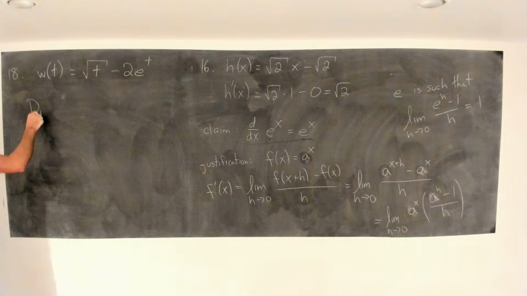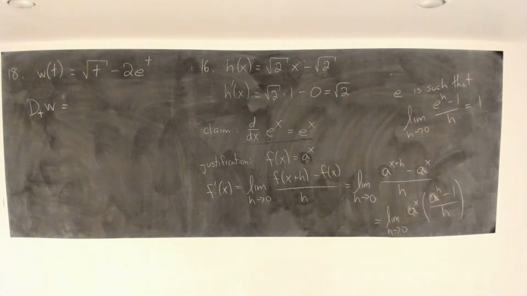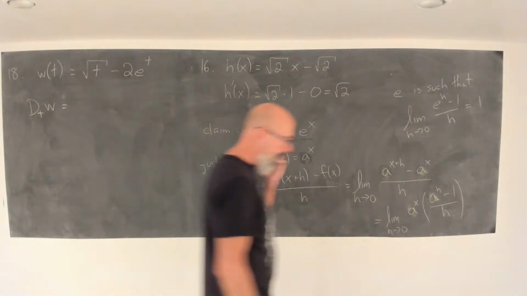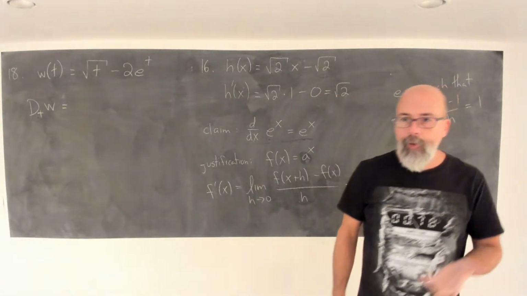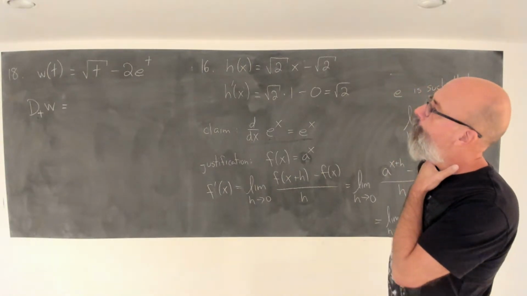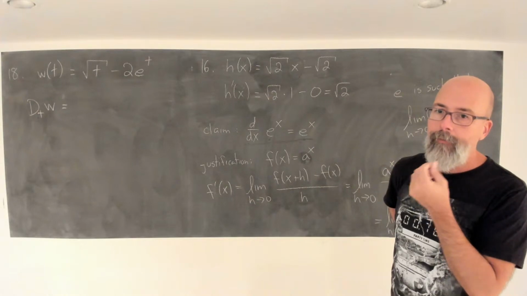Let me change it up a bit. What is the derivative with respect to t, right? You understand again that t is the independent variable here. That's a t in the power, not a plus. The plus, of course, would not make any sense, right?